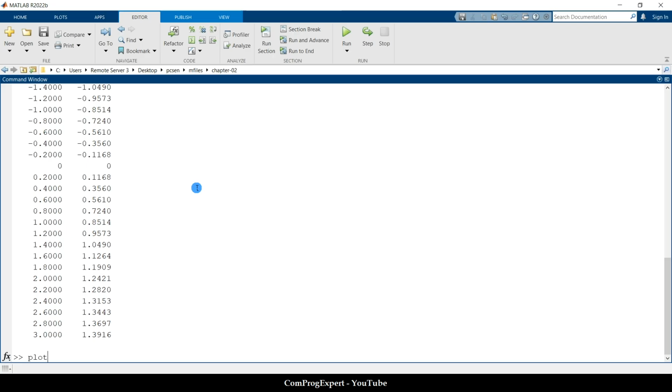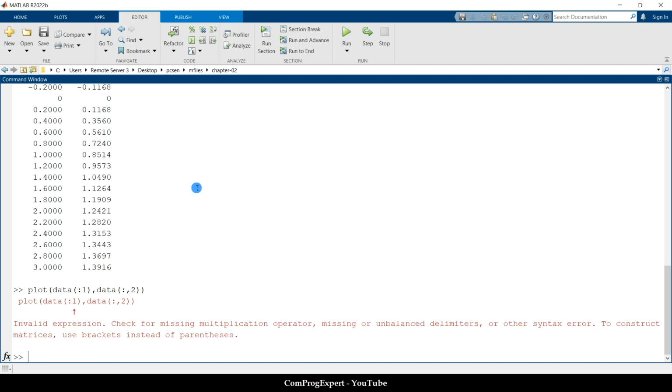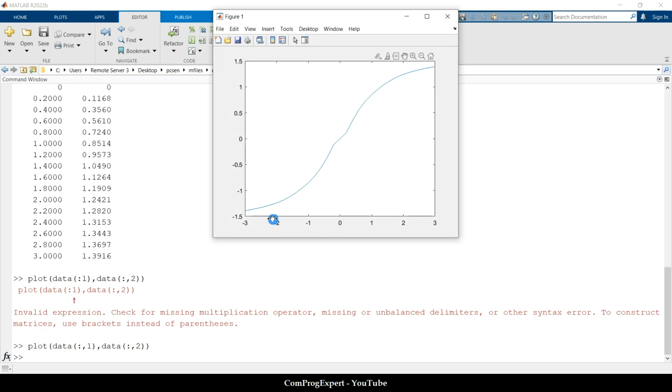So plot data, the first column, data 1 and data 2. Okay, so yes, the first column and the second one. So the x-axis is current, the y is the flux linkage.